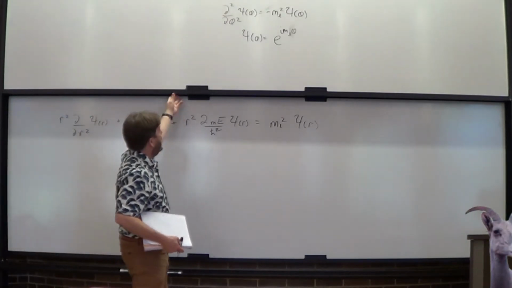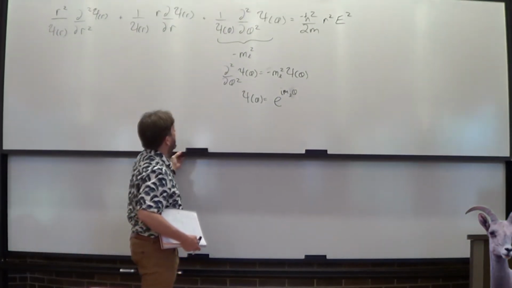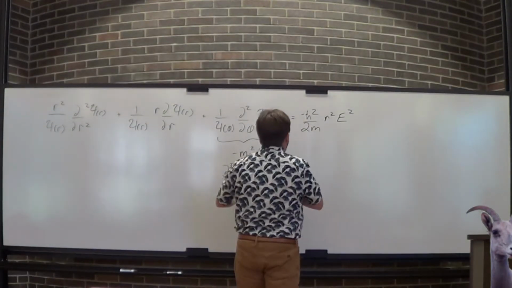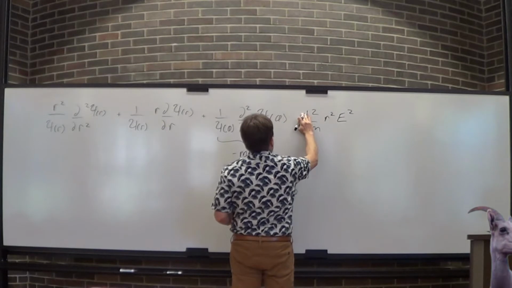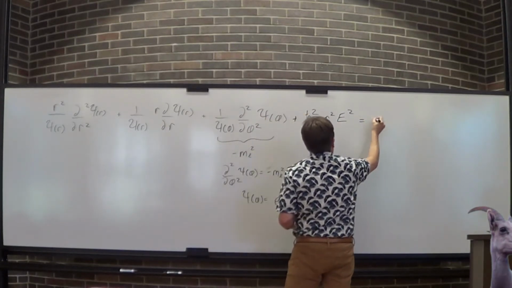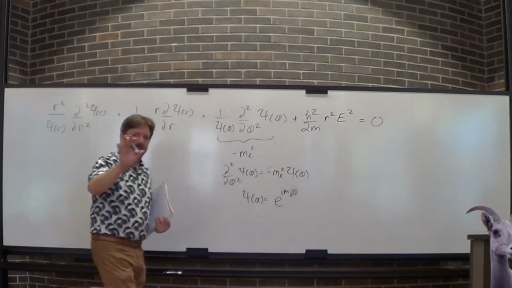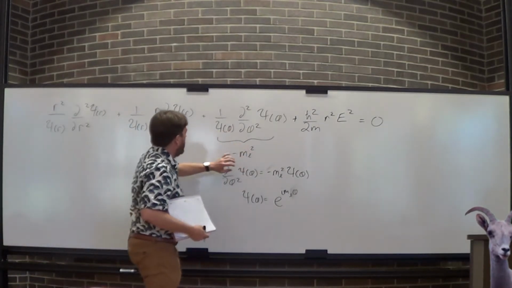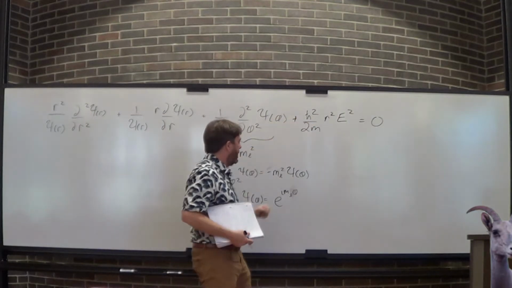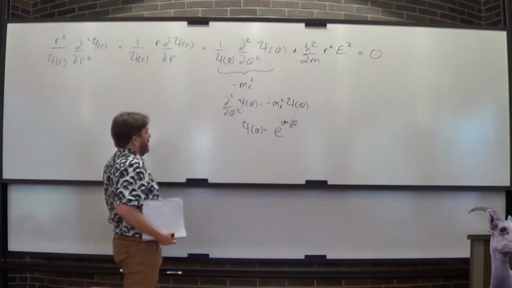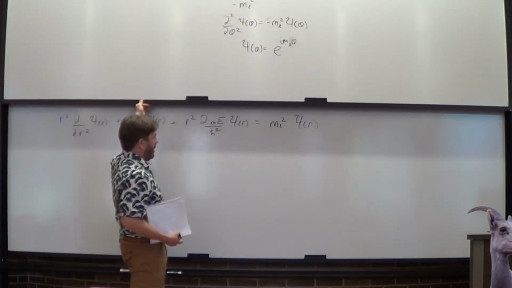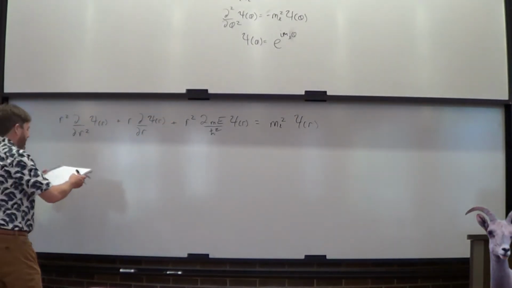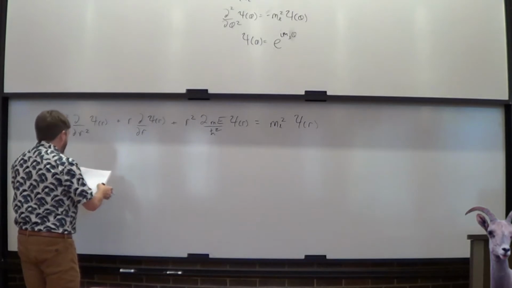So again, if I bring this over and set the whole thing equal to 0, which is totally legit, if this is minus m sub l squared, then the rest of it is equal to plus m sub l squared, which is what I've done here. So that way, it's all equal to 0. So that's how it's done. Anyway, I hope I explained it a little bit better than I did last time.